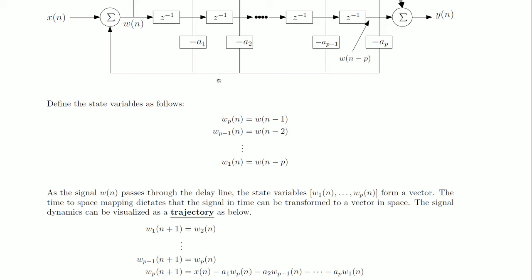So, W(n) is the signal, which is x(n) minus a1 times W_p(n), minus a2 times W_{p-1}(n), and so on and so forth till minus a_p times W_1(n).